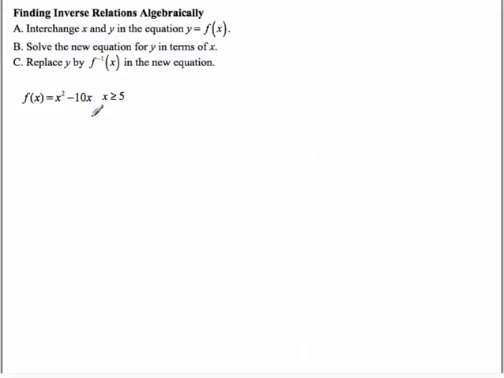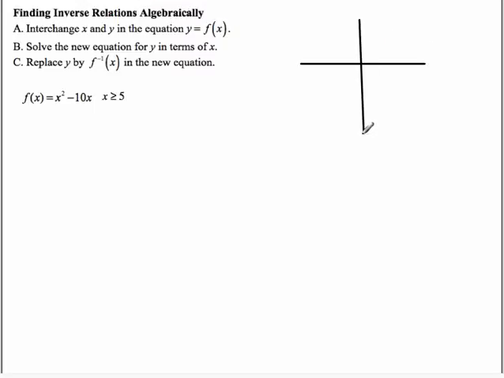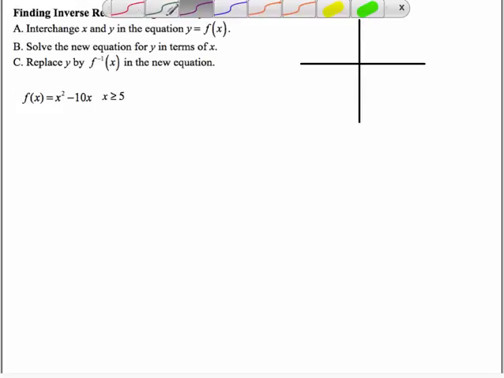Okay, let's do another example. Here is a quadratic, x squared minus 10x, and there's a given domain: x has to be greater than or equal to 5. So I'm going to think about a graph. There's my x and y axes, and I know that I'm only interested in this graph to the right of 5 or on it.